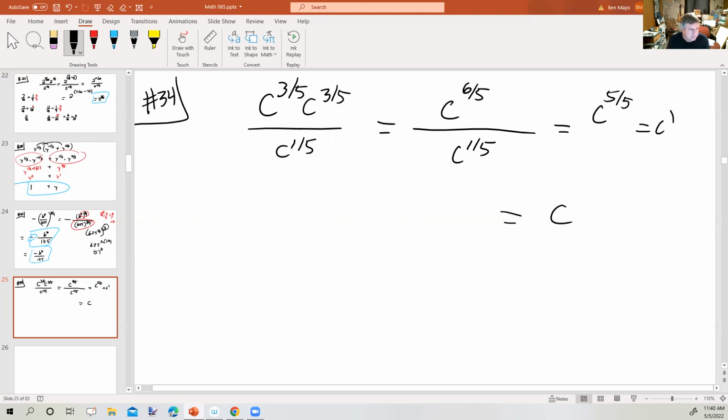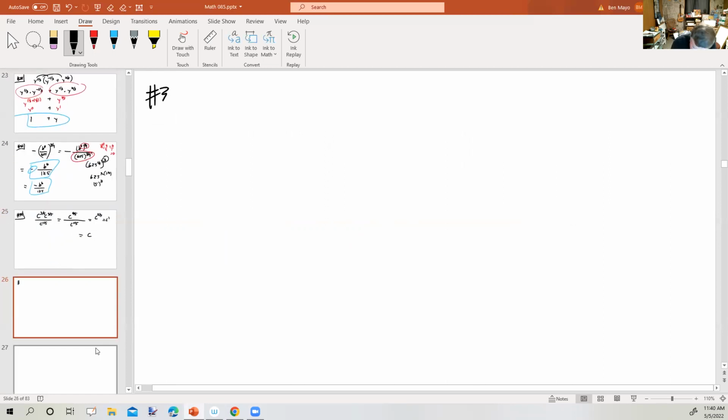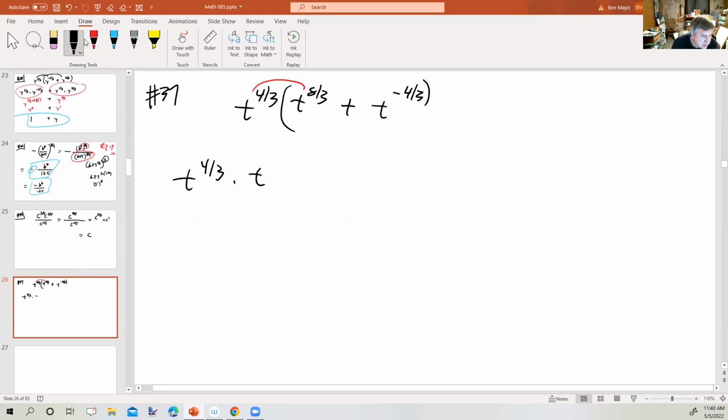37 coming up. Simplify the expression. T to the 4/3 power times the quantity t to the 8/3 plus t to the negative 4/3. So again, one similar to this, we distribute, so we get t to the 4/3 times t to the 8/3 plus t to the 4/3 times t to the negative 4/3.